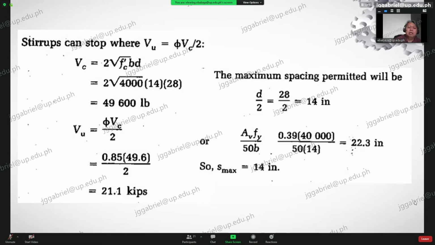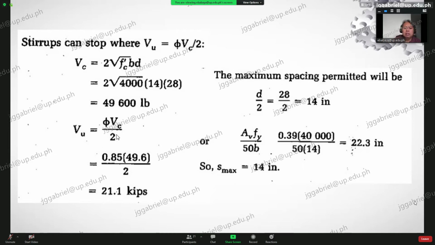Now, VU, well, itong VU na to, ito na yung ultimate shear in the shear diagram. Hanapin natin kung saan ito. If our VU is this value, which is phi VC, this or less than, that region, you don't need any stirrups.